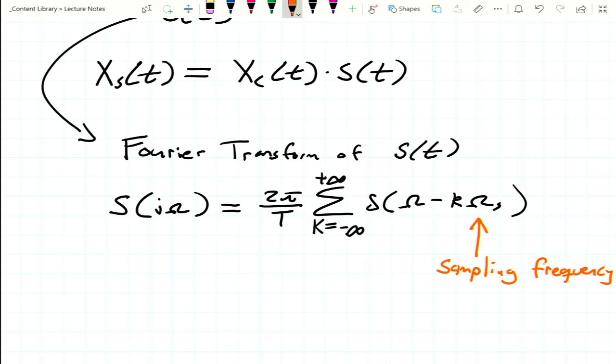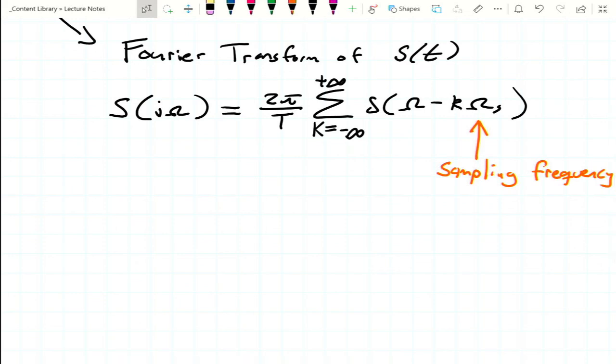But at the end of the day, omega is omega. So it's all good. And omega s is equal to 2 pi over T, so 2 pi over the sampling period.